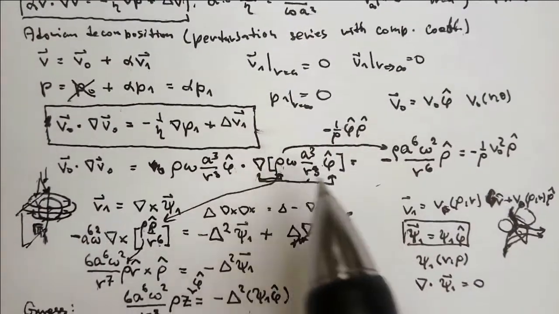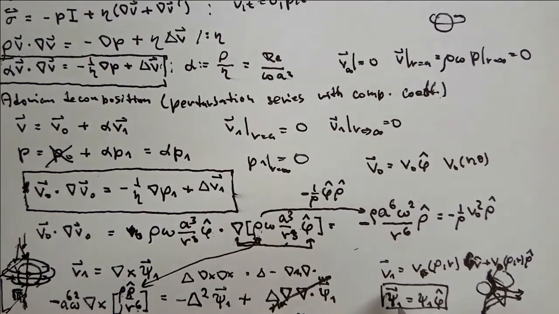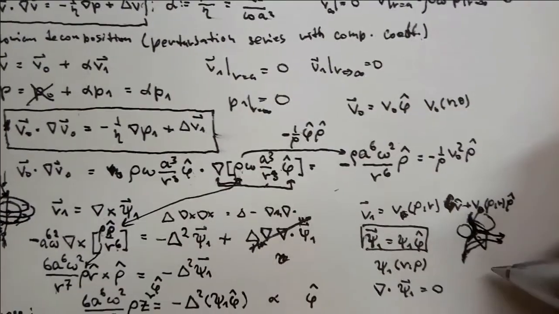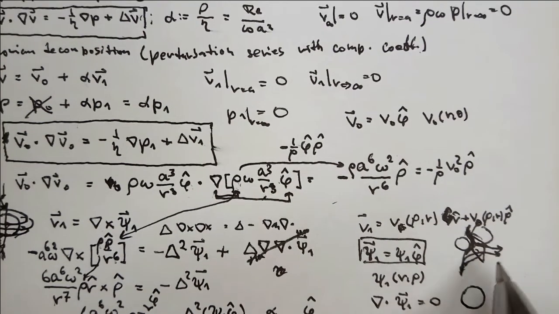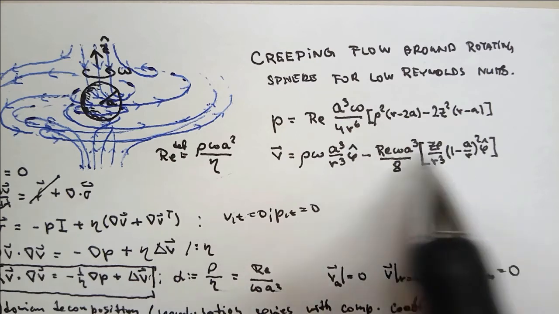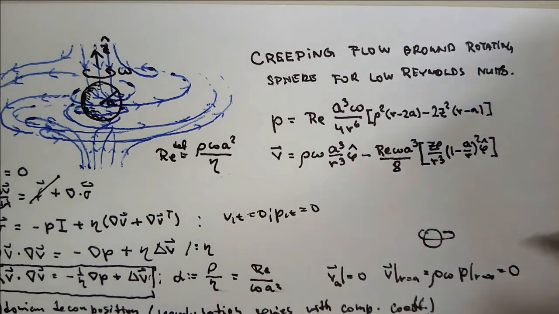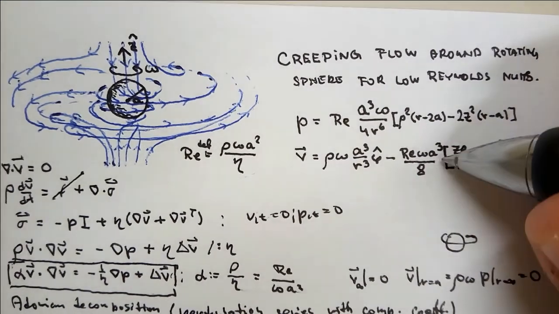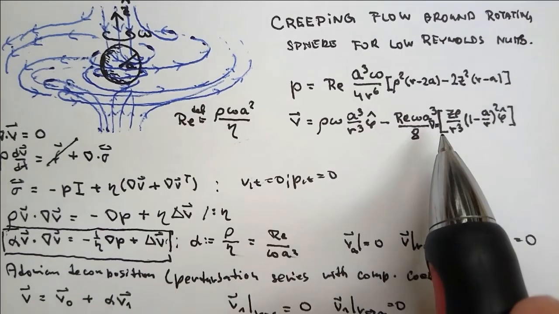Again, we've assumed this particular form of solution for psi. That means that if you write this velocity field to the computer... oh, I forgot something very important: there should be a curl.